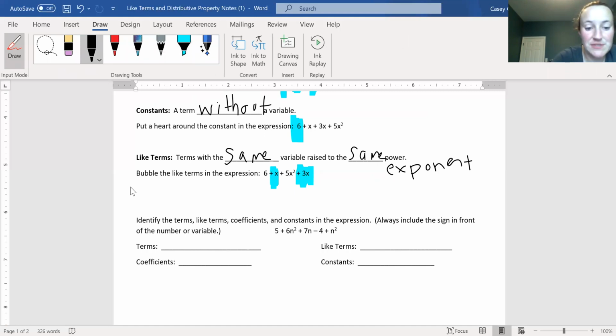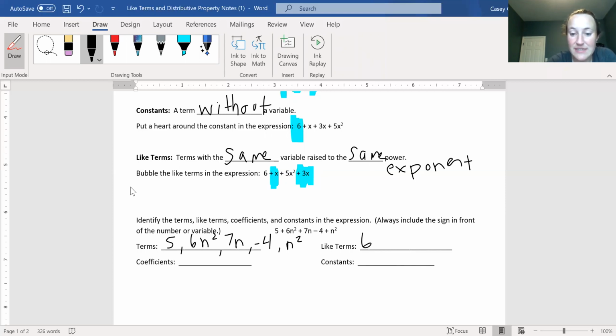So for terms, we should have 5, 6n squared, 7n, negative 4, and n squared. All of those are terms. The like terms, so what has the same variable and the same exponent?